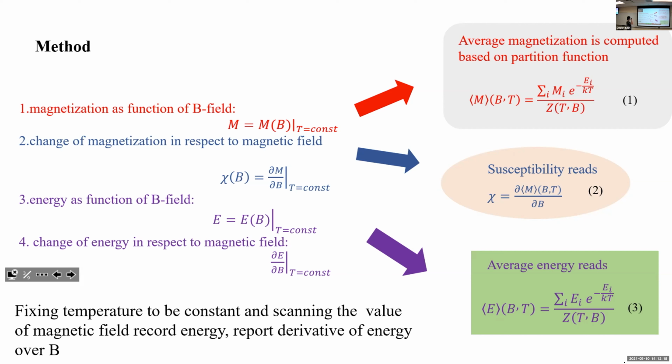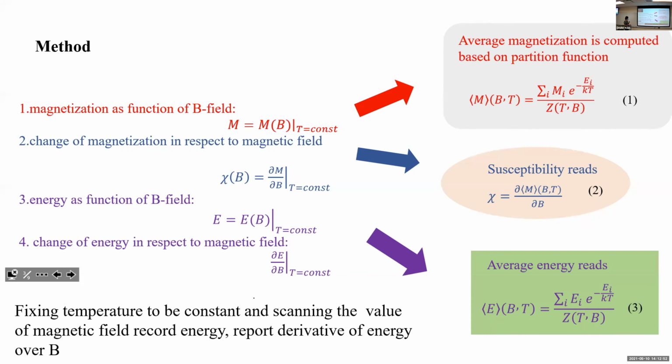Second one is the change of magnetization in response to magnetic field. It is also called the susceptibility. To get this feature, we use equation 2. Third is the energy as a function of magnetic field. And fourth is the change of energy in response to magnetic field. We use equation 3 to calculate these two features.